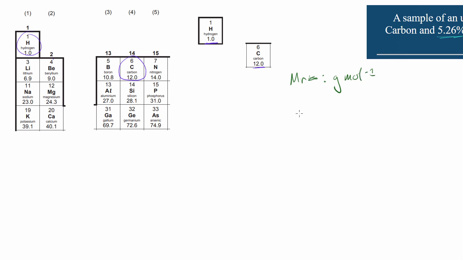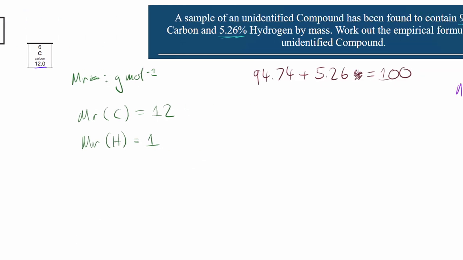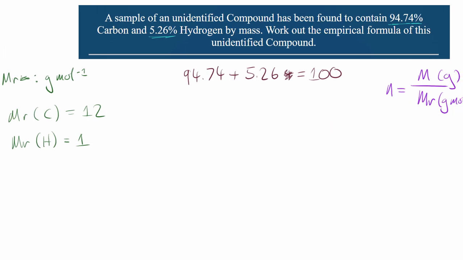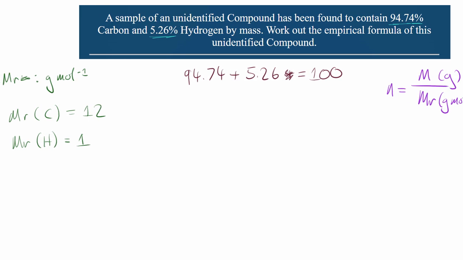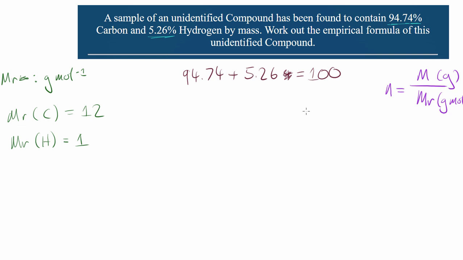And so for Mr of carbon, it is going to be 12. Mr of hydrogen is going to be 1, right? These are relatively quite common elements, so you may have known that already.